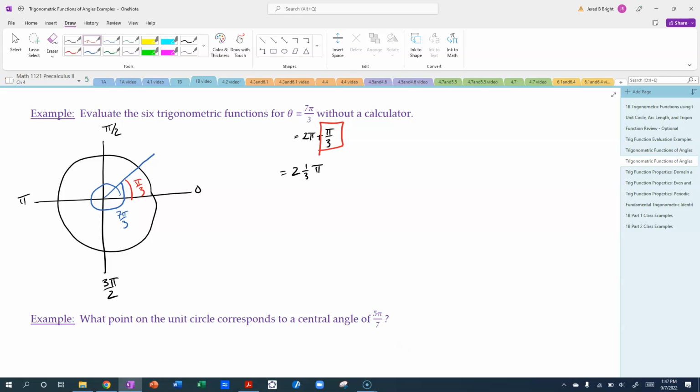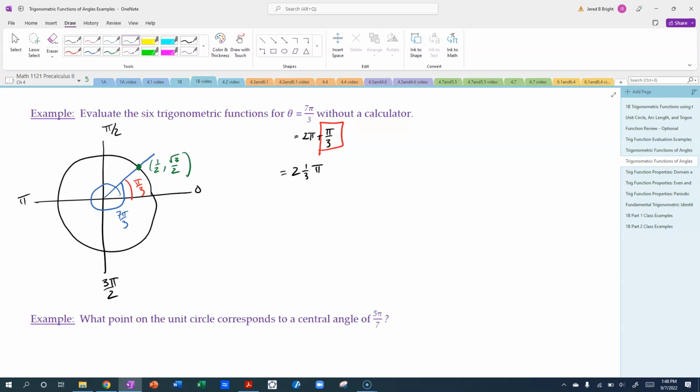And that happened to pop out right there. Okay, so if I wanted to find the point on the unit circle that corresponds to this, it's the same point that's coterminal with pi over 3. Okay, and then I can whip out my unit circle or do other math. And this is going to end up being 1/2, comma, square root of 3 over 2.